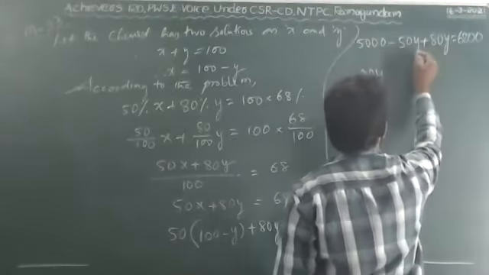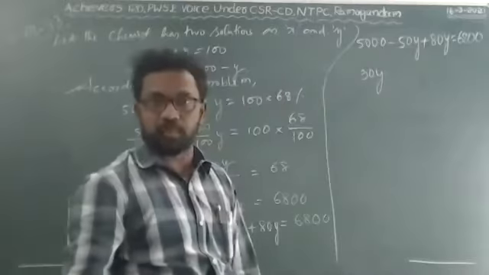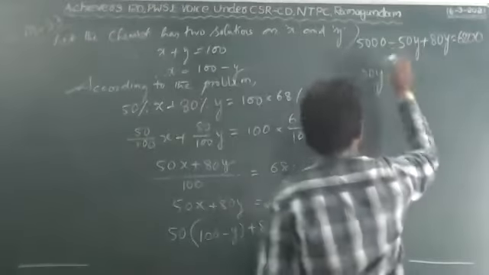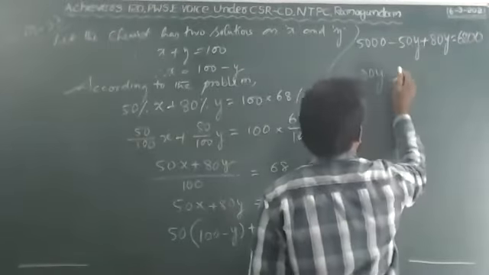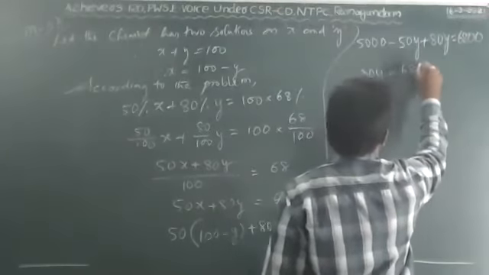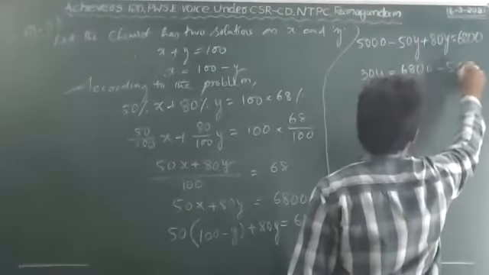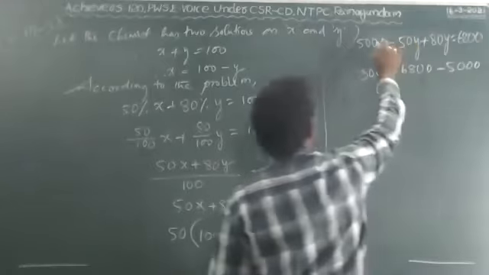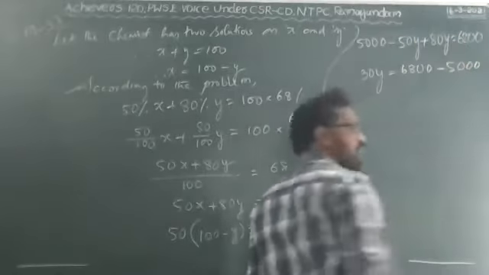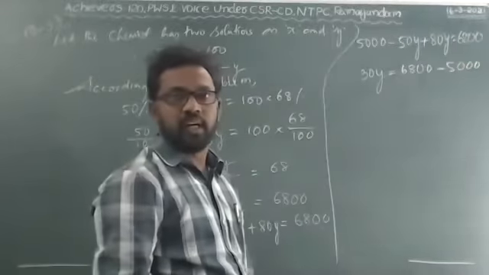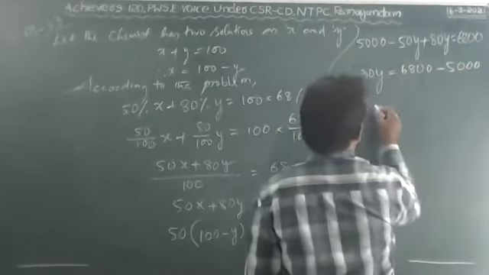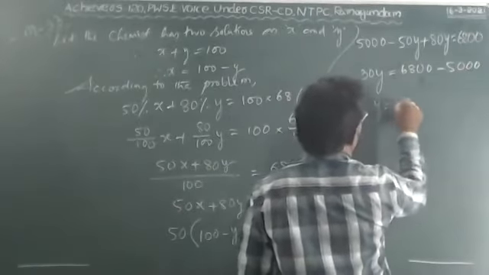Since minus is here, I subtracted 80 minus 50. And 6800 minus 5,000: send the minus 5,000 to the right side and it becomes 5,000.